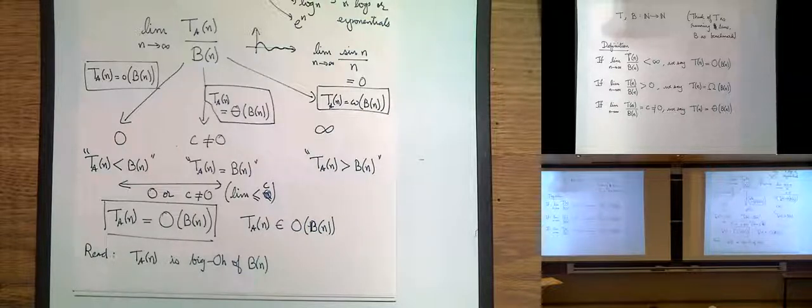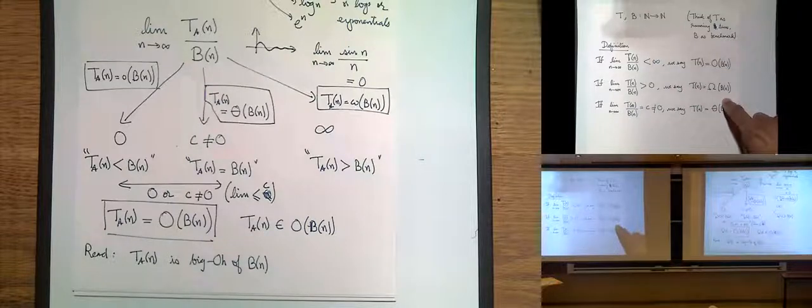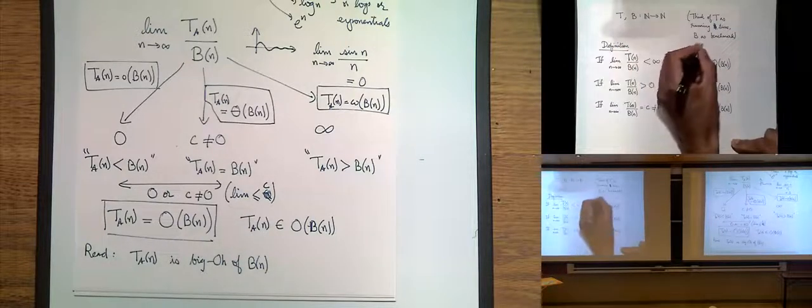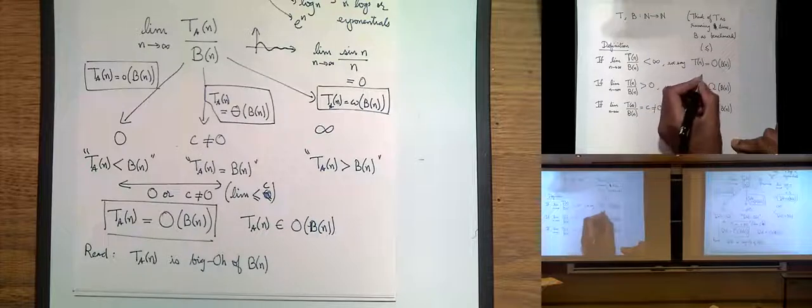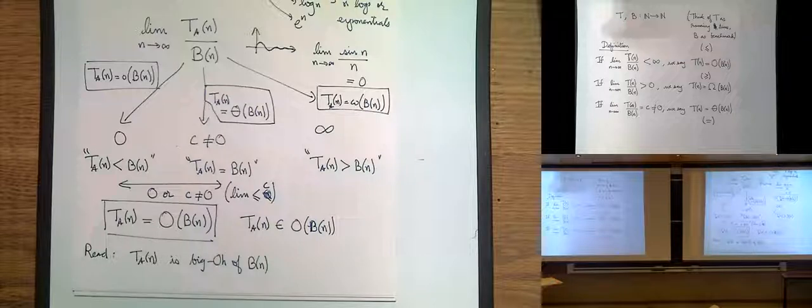Yeah? So is the point of the theta and omega just to measure the accuracy in which direction it is, like if it's slightly better, slightly worse? Yeah, so theta is considered a tight bound. O is an upper bound. Omega is a lower bound. So the way to think about this is that O is like saying less than or equal to, omega is like saying greater than or equal to, and theta is like saying equal to. Just as when you compare any two numbers, there are only three possibilities: less than, greater than, or equal.